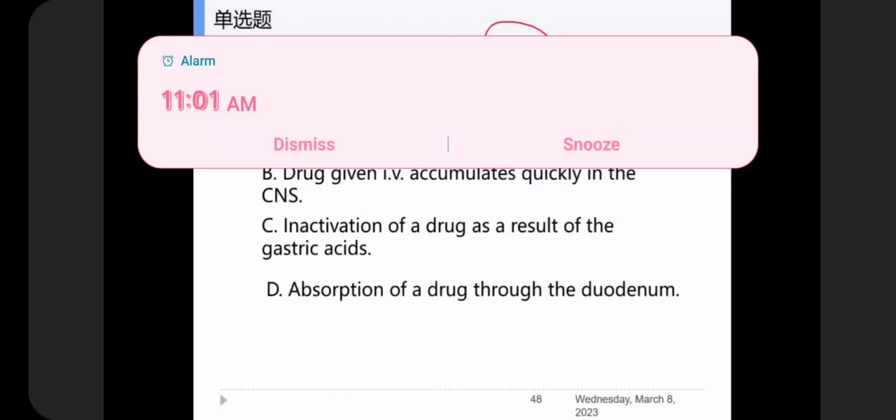One keyword is metabolized. The second keyword is before. Before entering the circulation. If the drug is metabolized after entering the circulation, we do not call it first pass. We just call it metabolism, not first pass metabolism. So this is the difference.